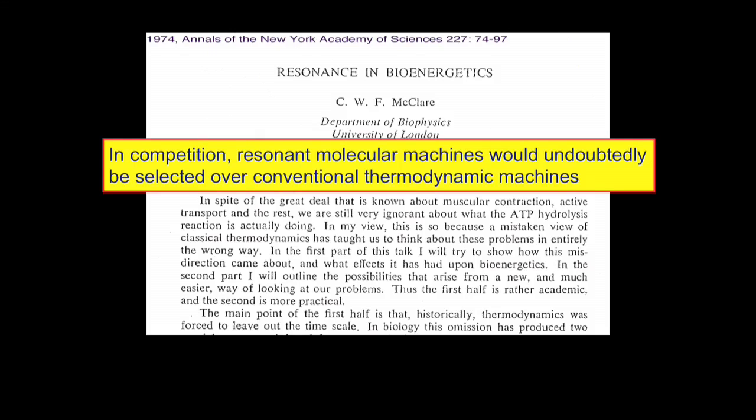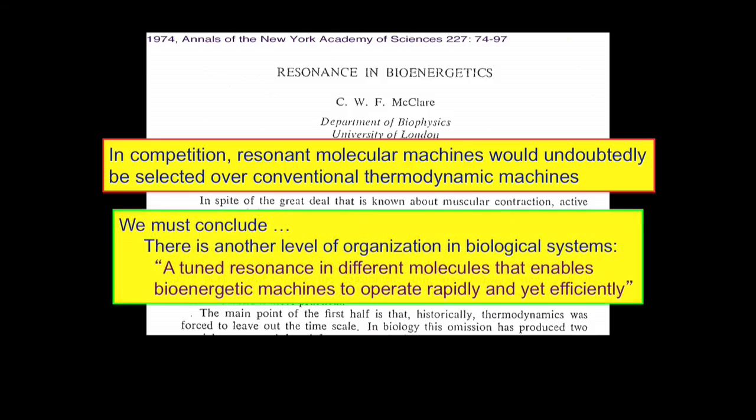He's left to conclude, and this is important, we must conclude there's another level of organization in biological systems, a tuned resonance in different molecules that enable bioenergetic machines to operate rapidly yet efficiently. And all of a sudden you see physics in the realm of quantum mechanics is saying, a chemical signal is minor compared to the effectiveness, the efficiency, and the speed of an energetic signal.